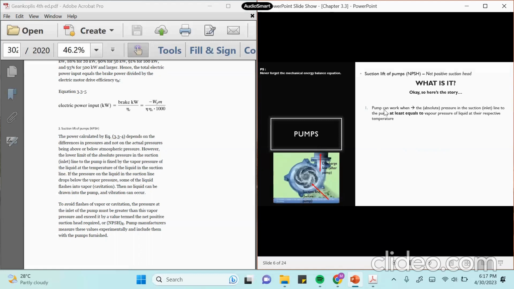Now, a pump can work when the absolute pressure in the suction line is at least equal to the vapor pressure of the liquid at its respective temperature. So let's say we move water at 80 degrees Celsius.